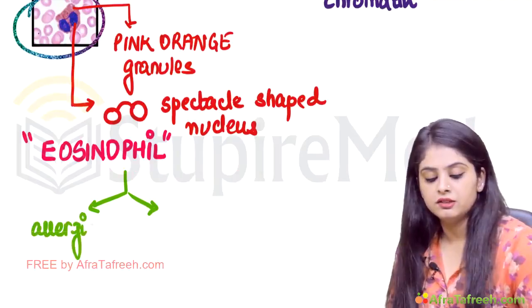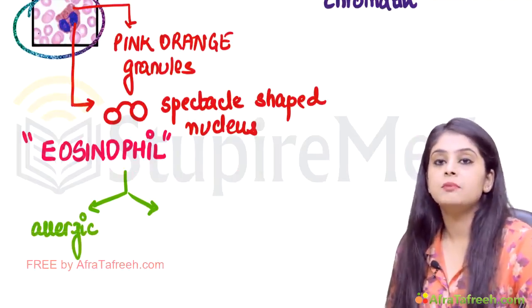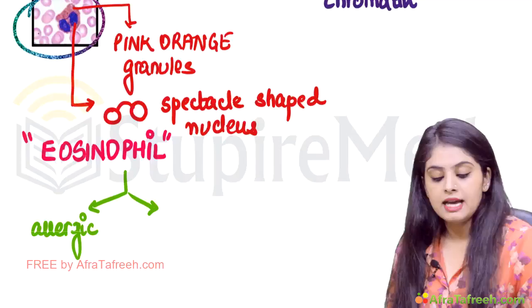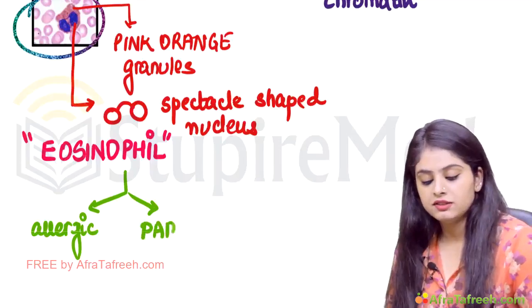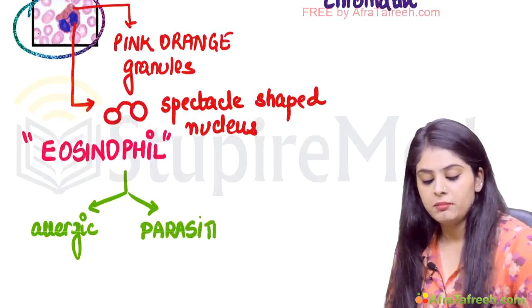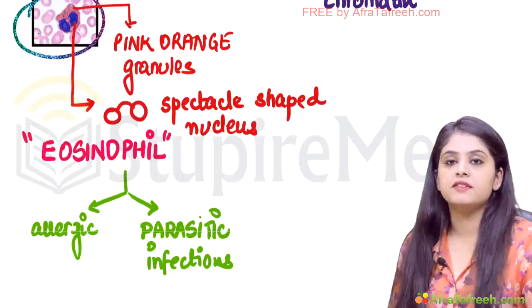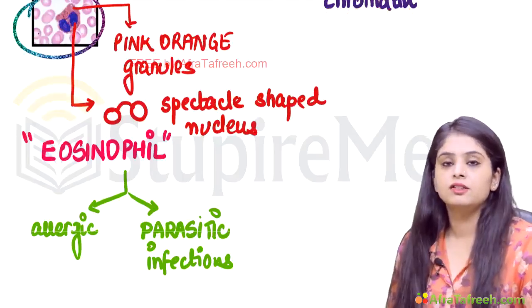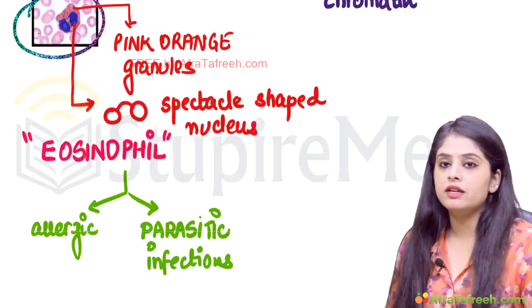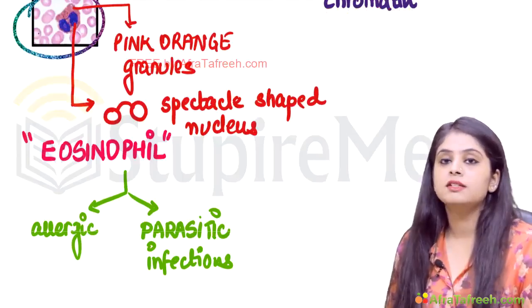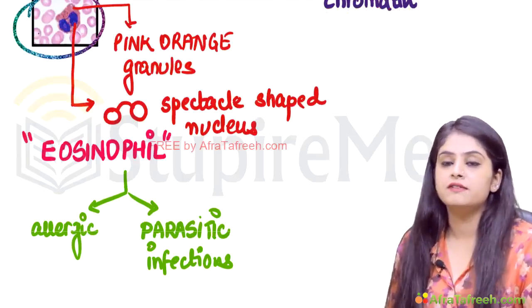So allergies, example type 1 hypersensitivity. And second, which infections? These include the parasitic infections. So eosinophils, orange granules, spectacle nucleus, allergies and parasitic infections.